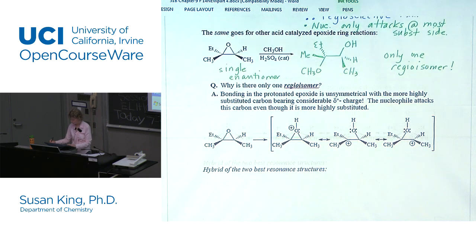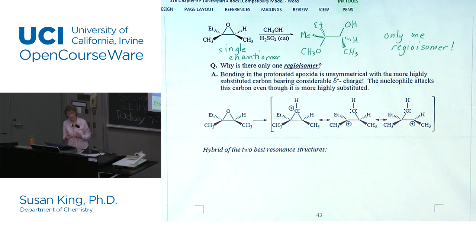There is an explanation in your book where they talk about the transition states for the two possible regioisomers. And so what I did a couple years ago was I went through the explanation the way the book explains it, and then I went through this explanation, which is an alternative explanation that I'm going to show you.